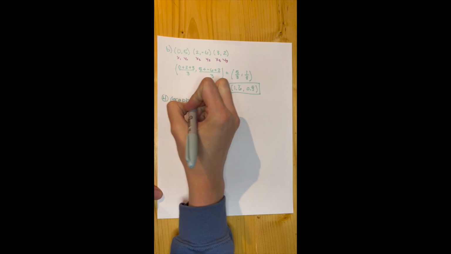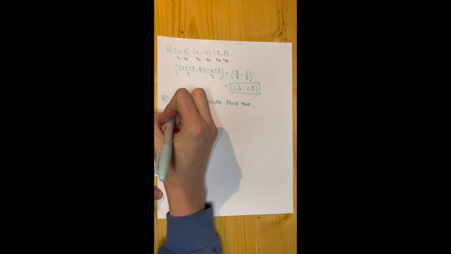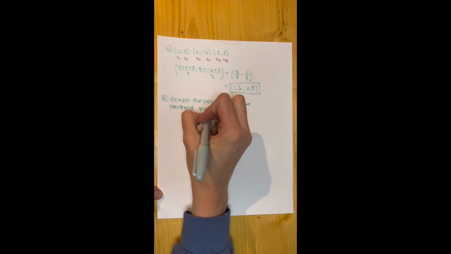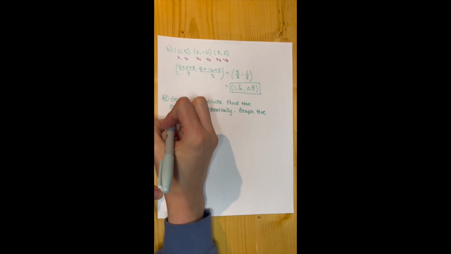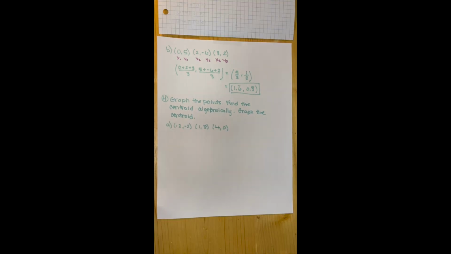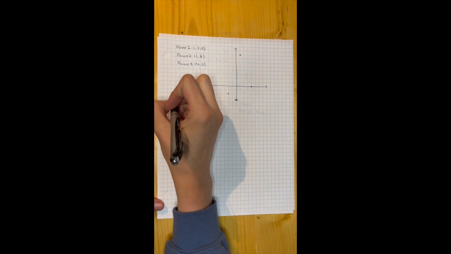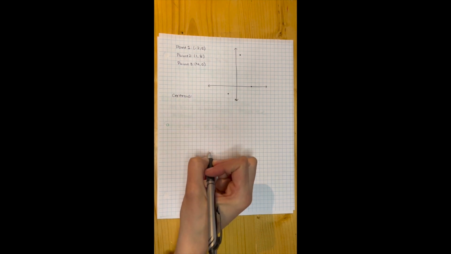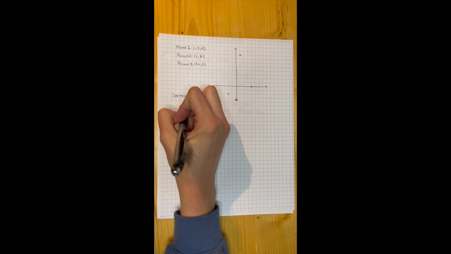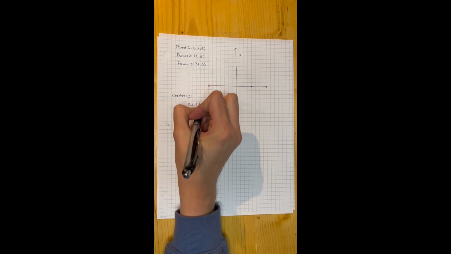All right, for number 4, our instructions are going to be: graph the points, find the centroid algebraically, and then graph the centroid. So for letter A, we are going to be given the points -2, -2, 1, 8, and 4, 0. So I've got a coordinate plane here. I've graphed all 3 of those points. And now I'm going to do the math behind finding the centroid, meaning I'm going to add all my x values and divide by 3, and then add all my y values and divide by 3.